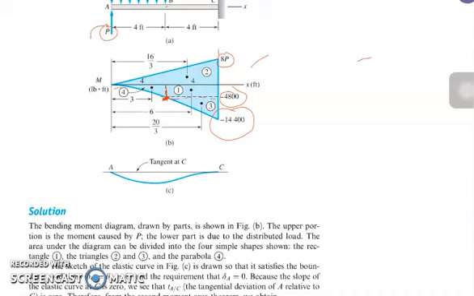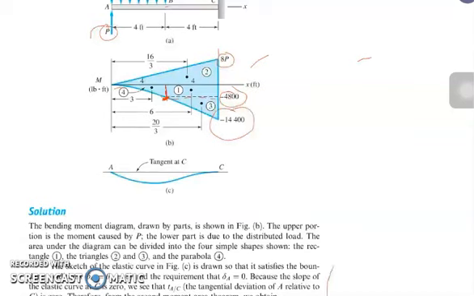Now afterwards, you have to determine the distance from the centroid towards point A. For this one, we have to take note.